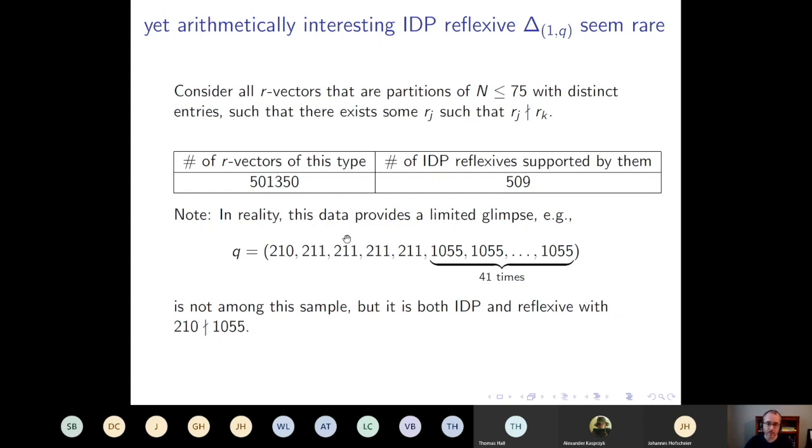In my opinion, we can easily find Q vectors that are outside this sample. And anyway, it still took a while for this all to get computed.